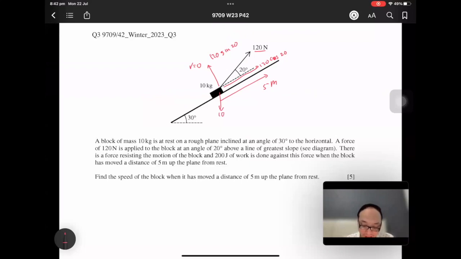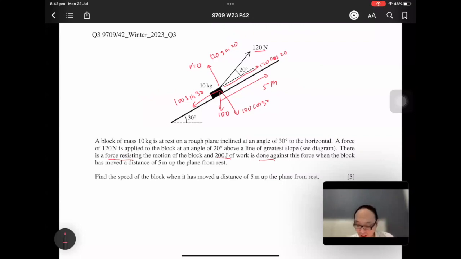It's 10 times the gravity, so it will be 100 newtons. And then if we split the weight into components, it will be 100 cos 30 and 100 sin 30. Now, there is a force resisting, and 200 joules of work is done against this force.